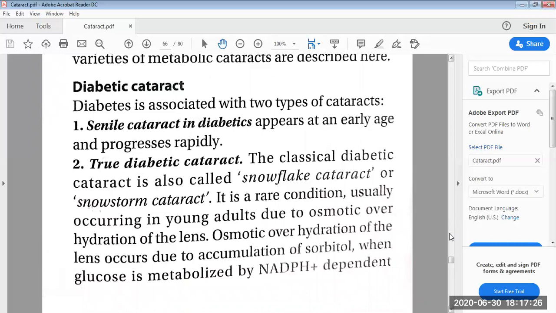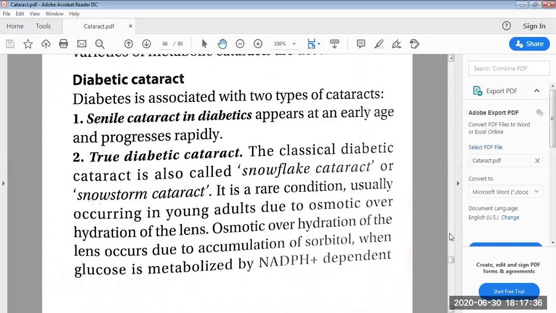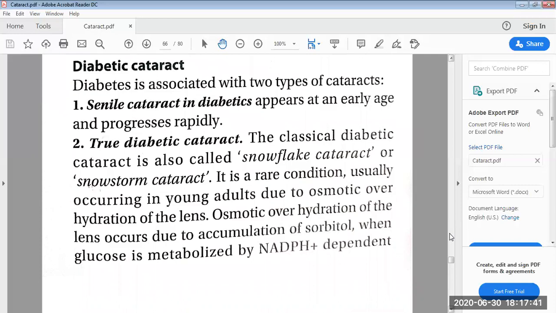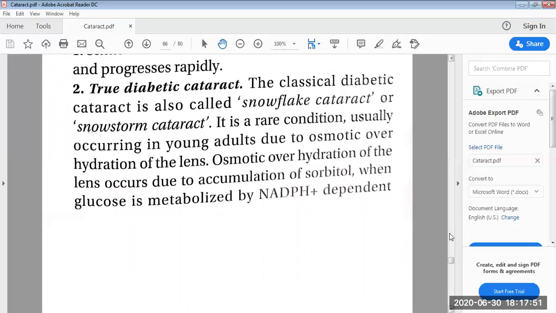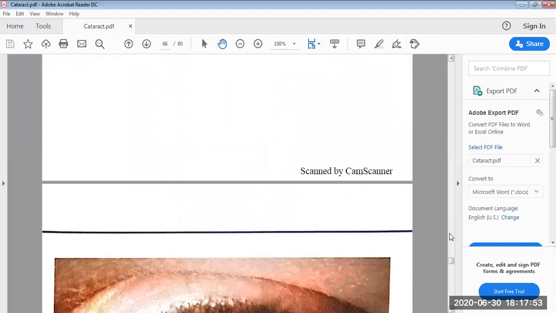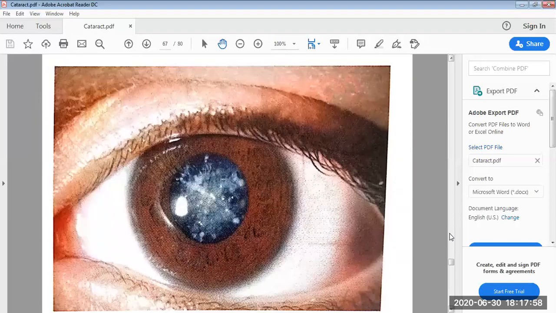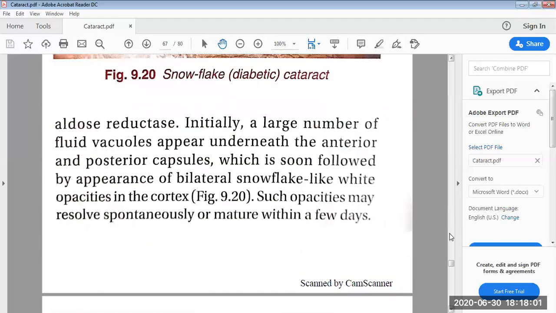The classical diabetic cataract is also called the snowflake cataract or snowstorm cataract, and it is a rare condition usually occurring in young adults due to osmotic overhydration of the lens. Osmotic overhydration of the lens occurs due to accumulation of sorbitol when glucose is metabolized by NADPH dependent aldose reductase.